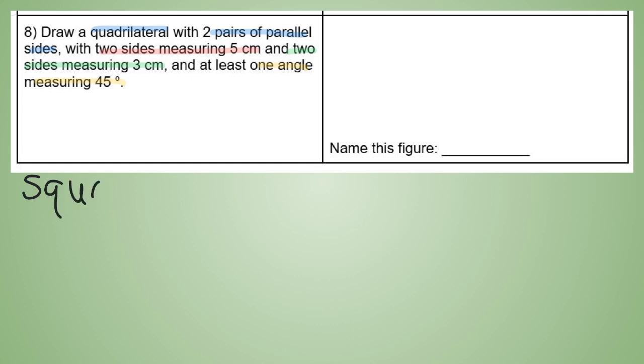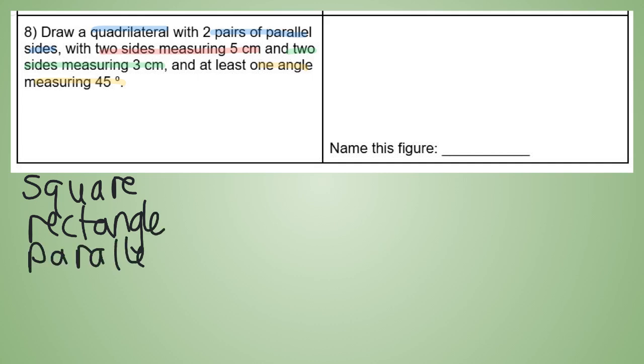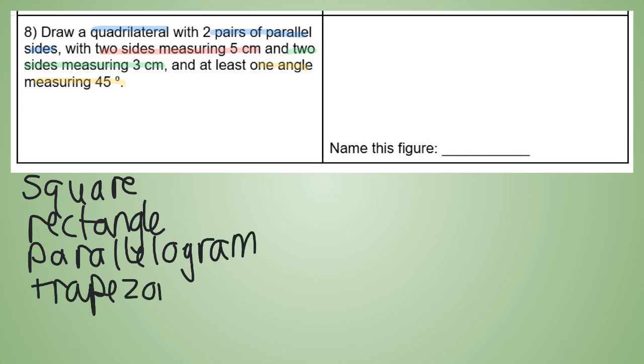Square, rectangle, parallelogram, trapezoid, rhombus, kite.